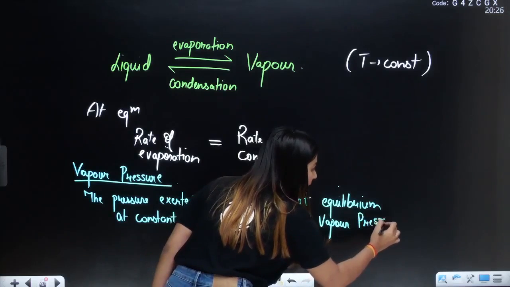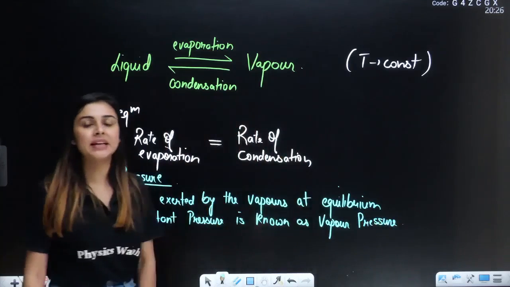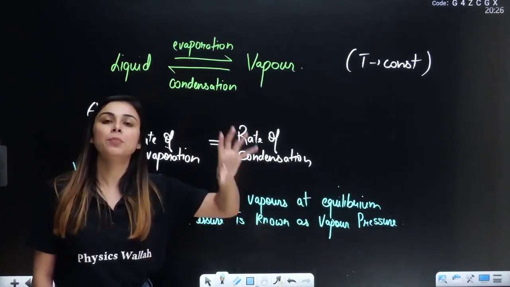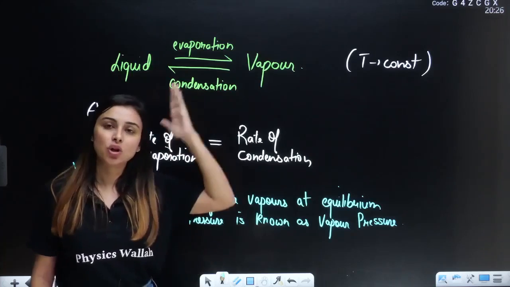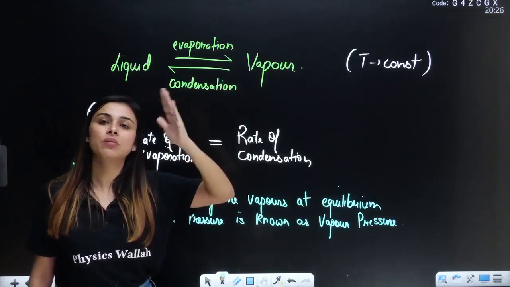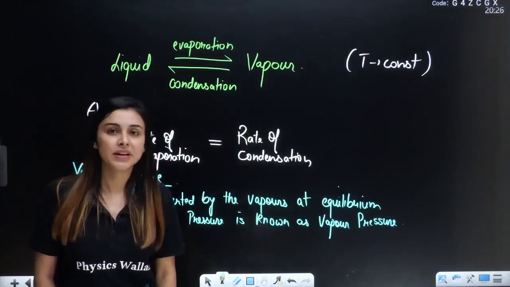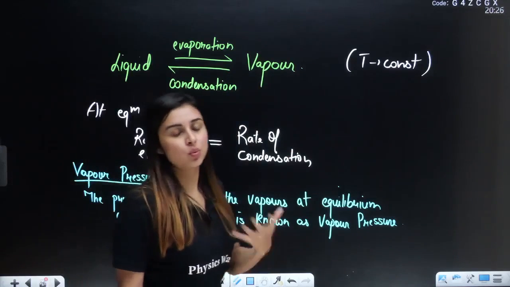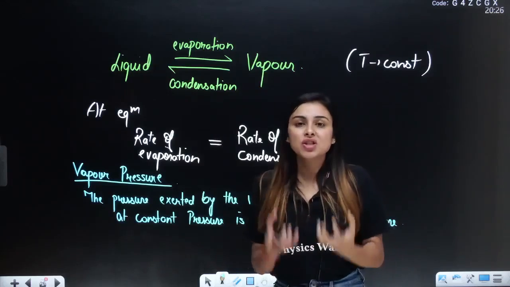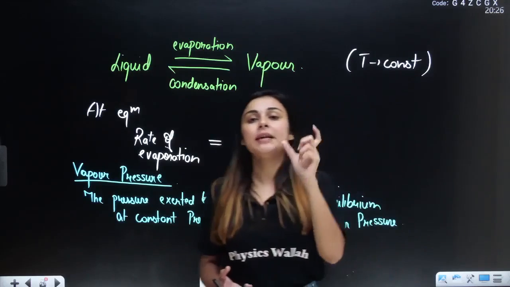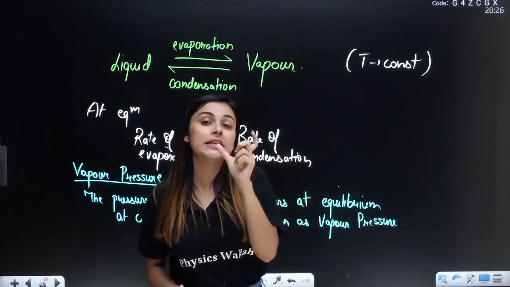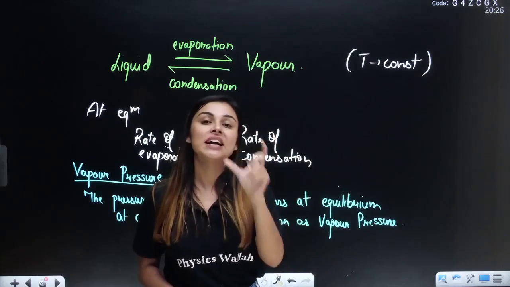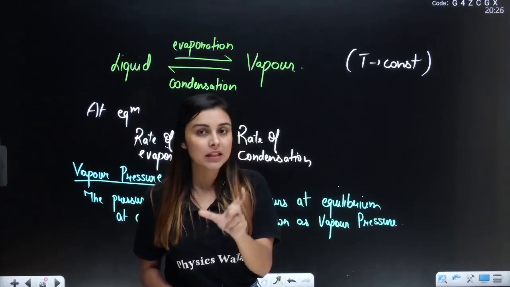And every liquid has a constant vapor pressure at a particular temperature T. As long as the temperature is constant, that liquid will have a constant vapor pressure. Okay, so this is how you define vapor pressure. What is vapor pressure? It is the pressure exerted by the vapors at constant temperature T at the equilibrium condition. That is your saturated condition.